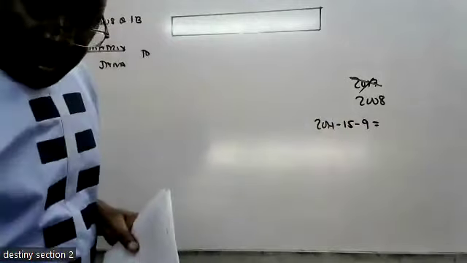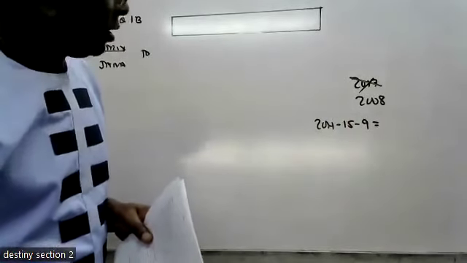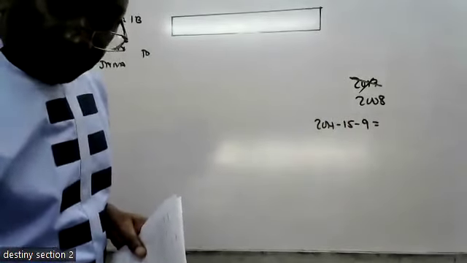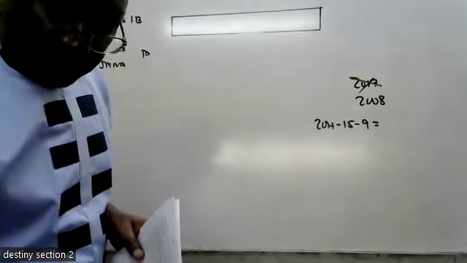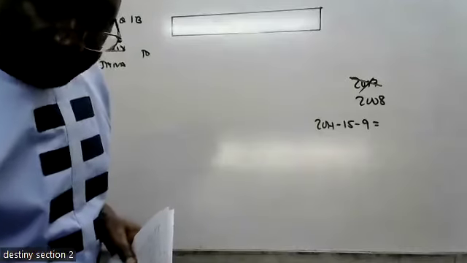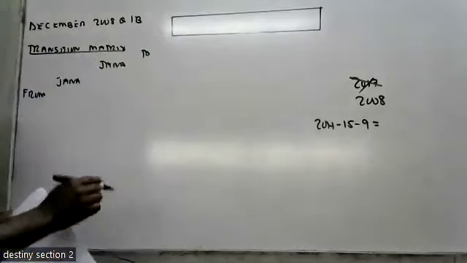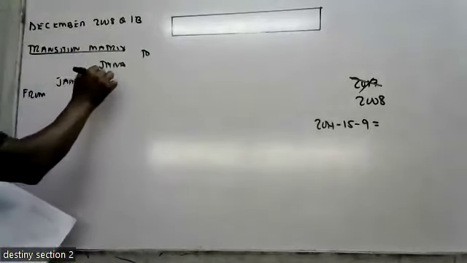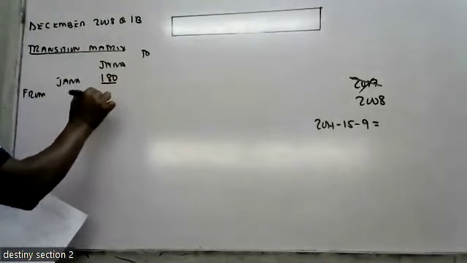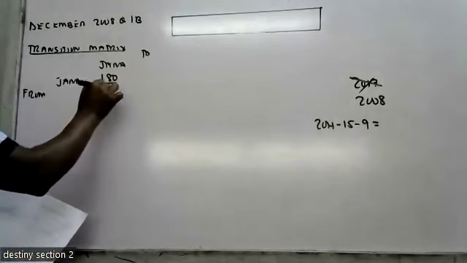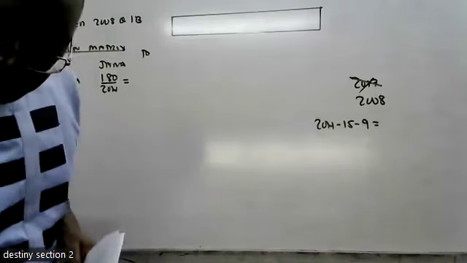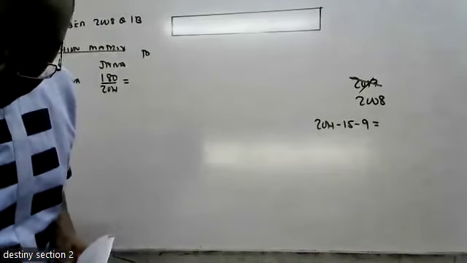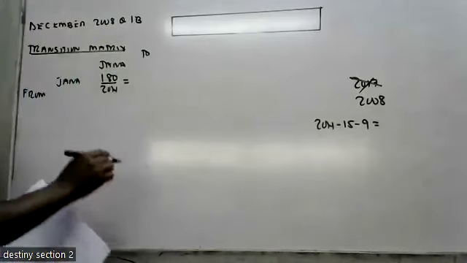So if you take 204, you subtract 15 and you subtract 9. You must have obtained 180. So this is going to be 180. You divide by 204. So if I divide by 204, I'm getting 0.88.